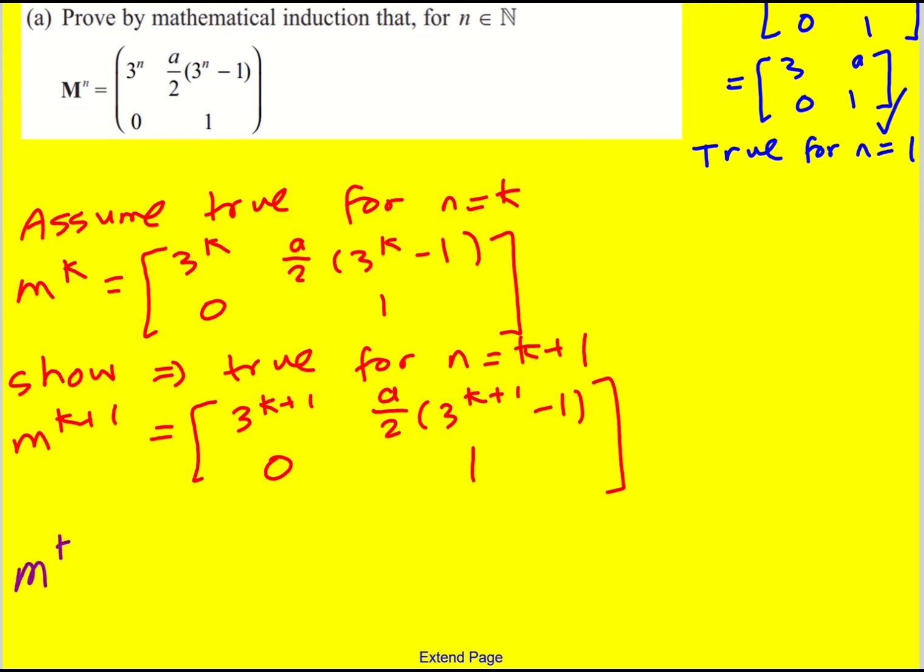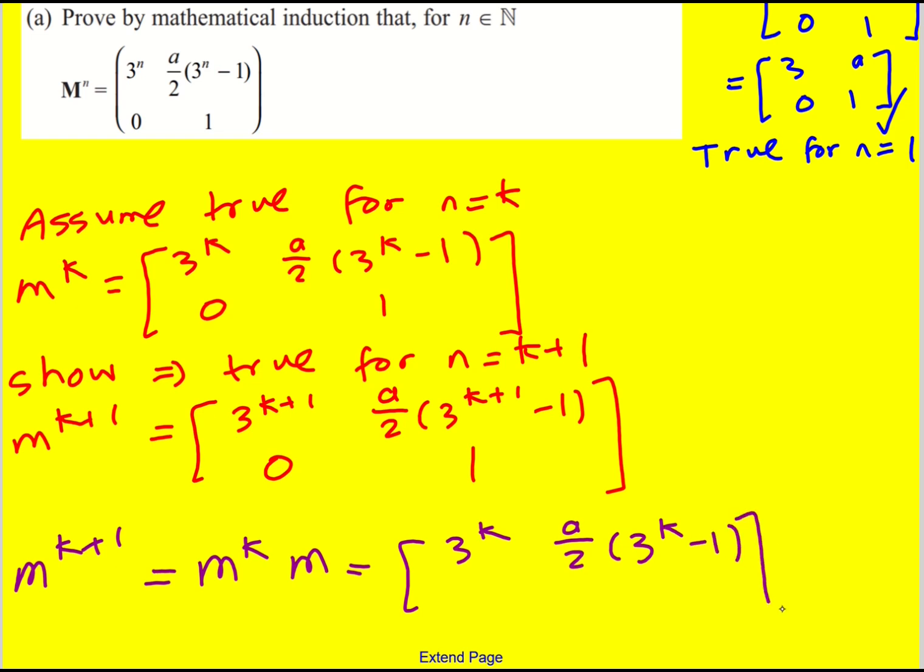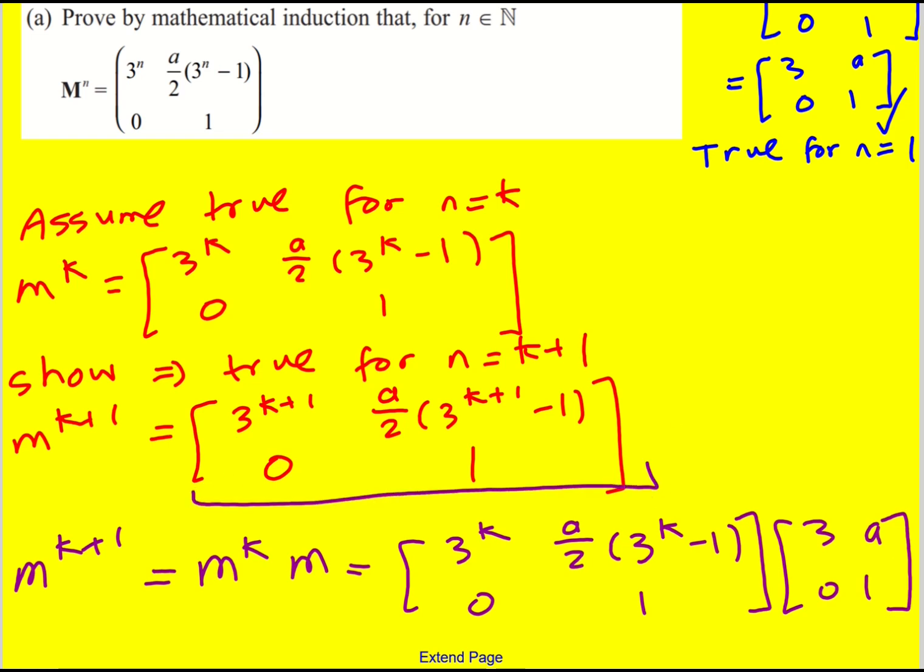So M to the k plus 1 is going to equal M to the k times M, which is [[3 to the k, a/2 (3 to the k - 1)], [0, 1]]. Now I'm going to multiply through by my M, [[3, a], [0, 1]]. And remember, I'm trying to get to this.